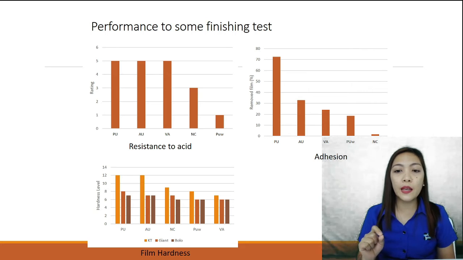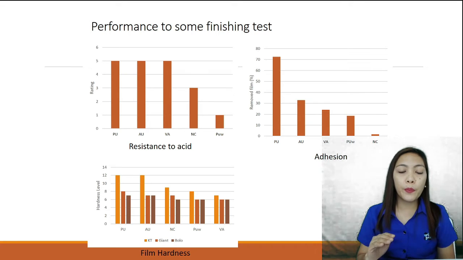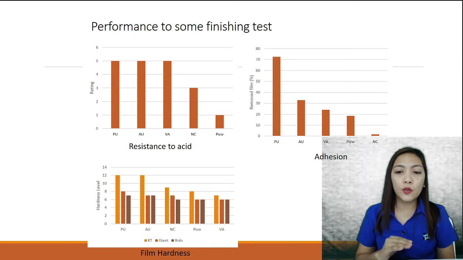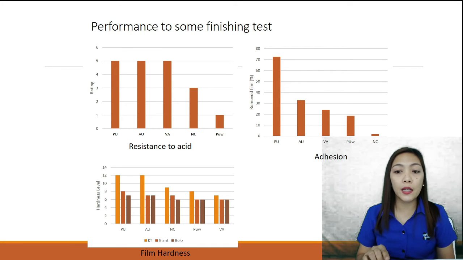However, in terms naman sa adhesion, yung adhesion ito yung important property ng finish for it to be able to protect yung surface, no? Kailangan mataas yung adhesion property niya.